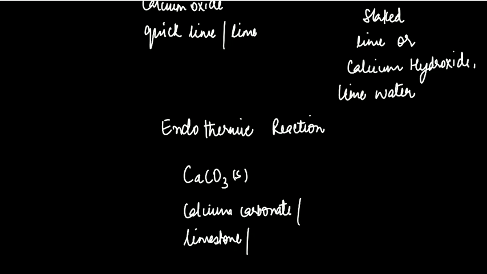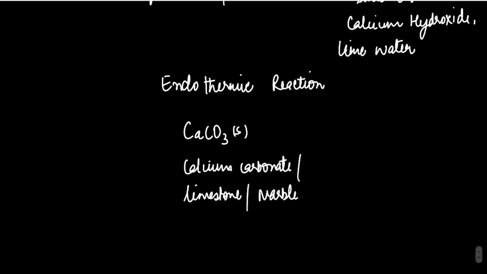We even call it marble, or commonly people even call it chalk because it's one of the major components of chalk. So if we burn it, endothermic reaction. Most of the endothermic reactions usually have one reactant, but we can't just make a statement like that because there can be many exceptions where heat energy is required for two reactants to react to give you a single product or multiple products. So, definitely in this case, we are providing heat energy.